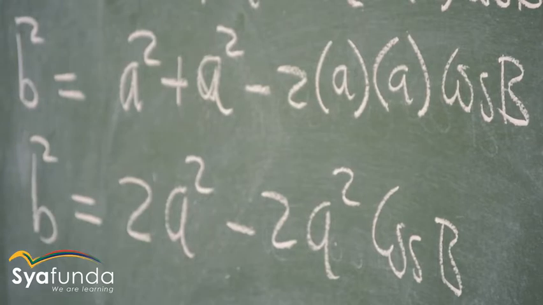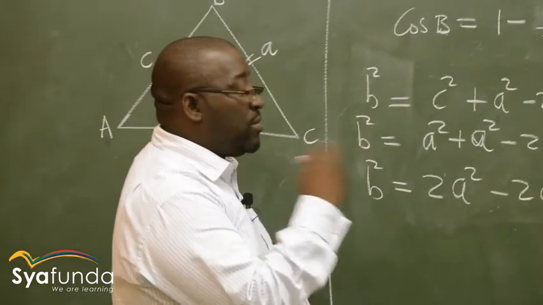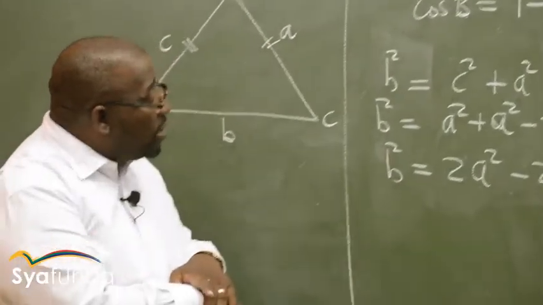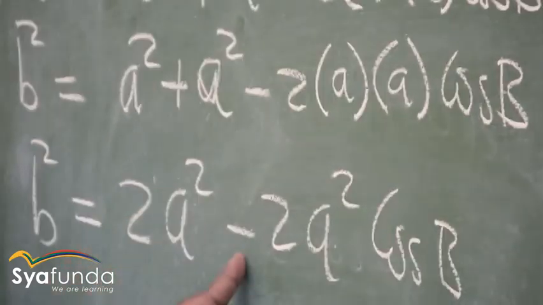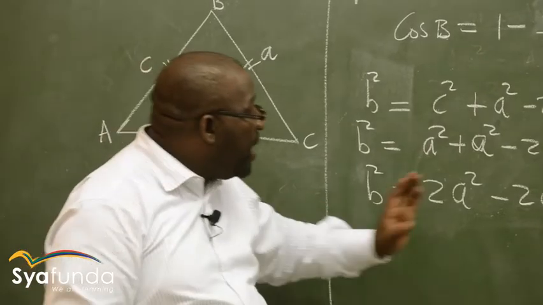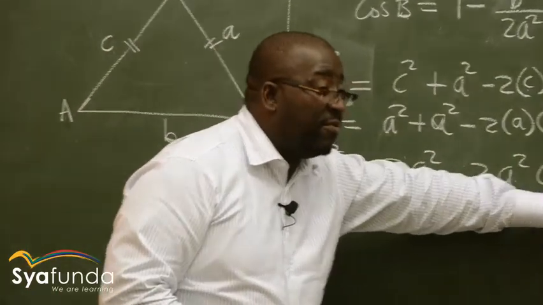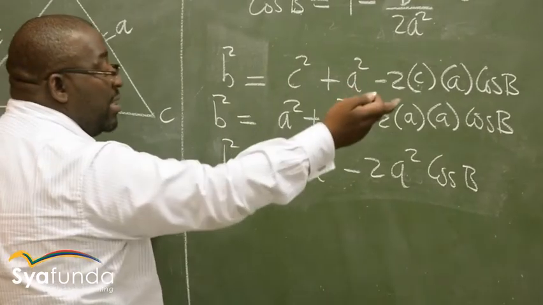Once we are in that state, let's look at what we need. We want to have cos B is equal to something. Do I have any cos B here? Yes, now cos B, uhlangene no 2a squared. Futhi banjani? Negative. But the cos B is nayo lapha positive. How can we make this cos B positive? We've got to take this whole thing to this side and take this b that side.